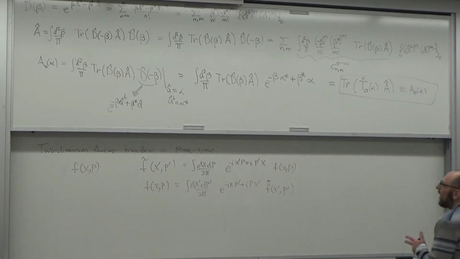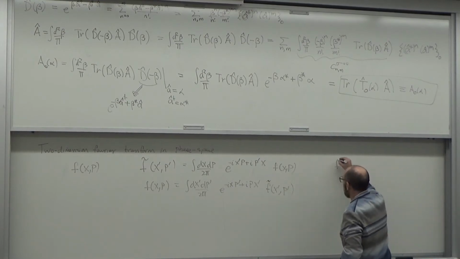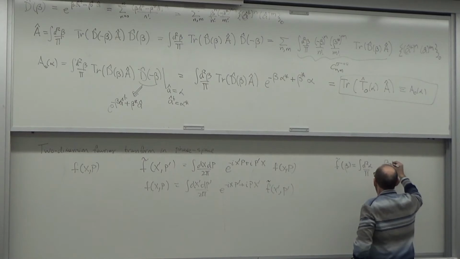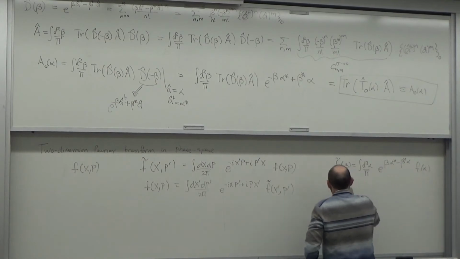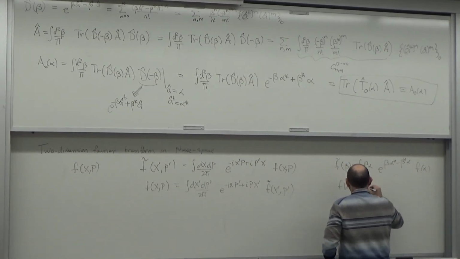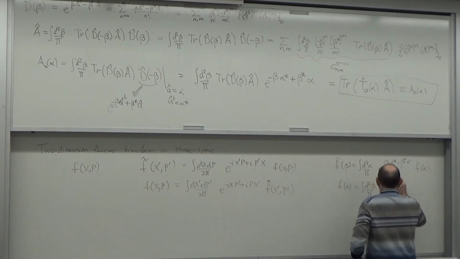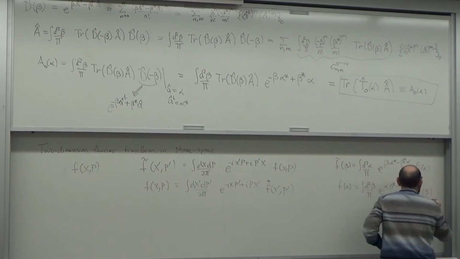These kinds of Fourier transforms play an important role in this whole business. Okay? Because if I think about this in terms of the complex variables, or the complex amplitudes, then f tilde of beta is the integral over alpha of e to the beta alpha star minus beta star alpha, f of alpha, and f of alpha is the integral d beta of e to the alpha beta star minus alpha star beta, f tilde of beta.